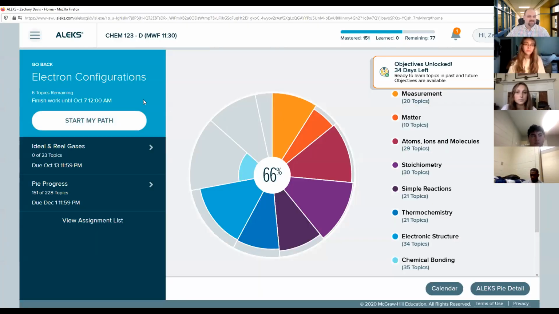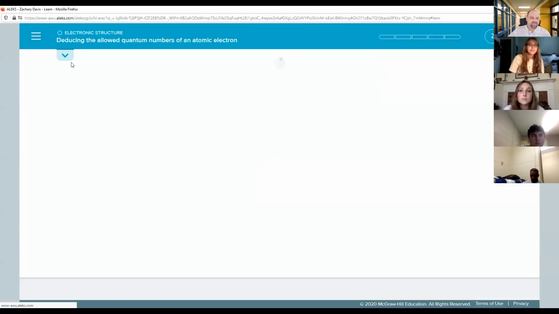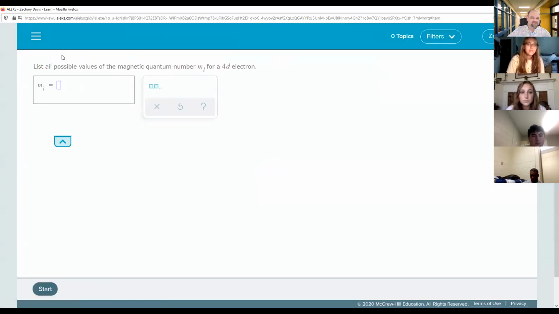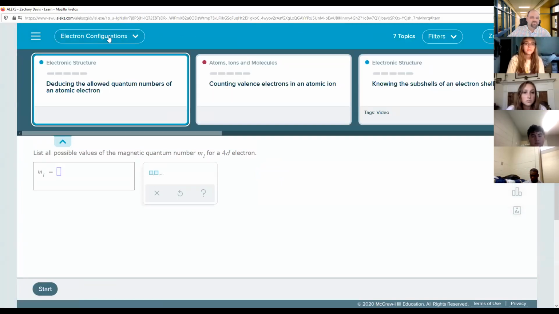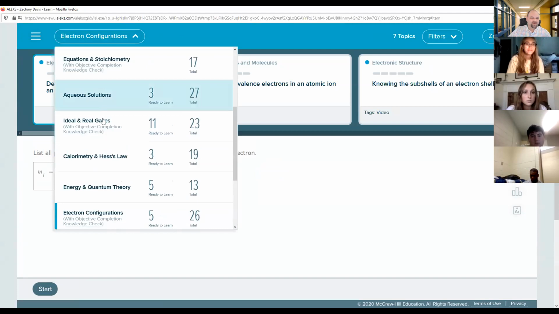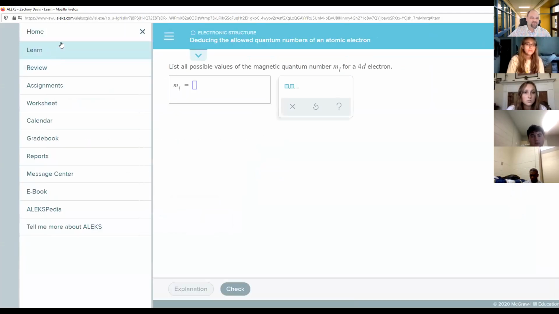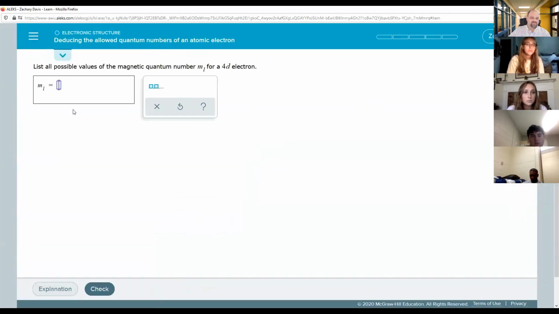All right, can you see that, Alex? Yes. So when you hit start my path, right? This one is a little bit further along than we are currently, but if I go up here, let me do that one more time. Start my path. Click on this little down arrow.